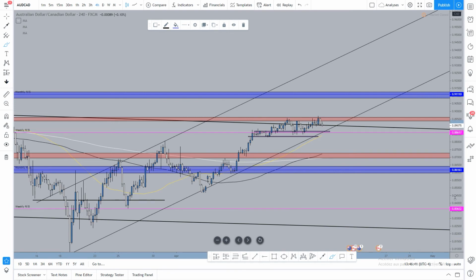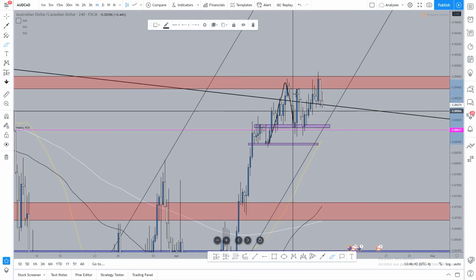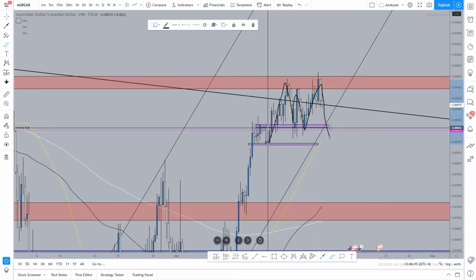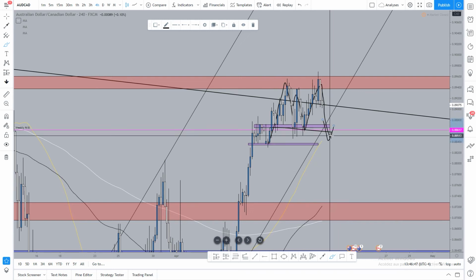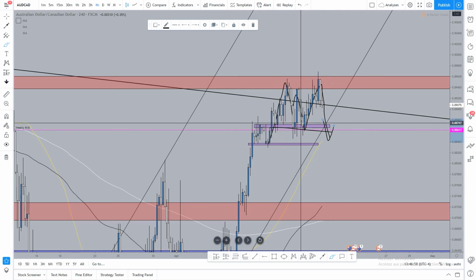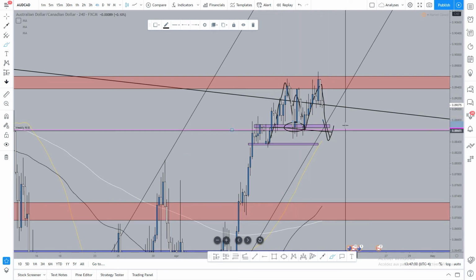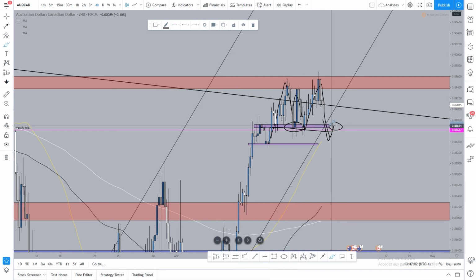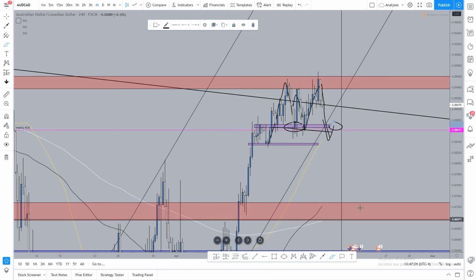You can see that if we break, we made a triple top. But it doesn't matter the kind of pattern that we made. We only trade the break of structure, so BOS. When you hear me talk about BOS, I mean break of structure, and this is a structure. Break of structure here is the safest way you can take this trade with your first take profit here.